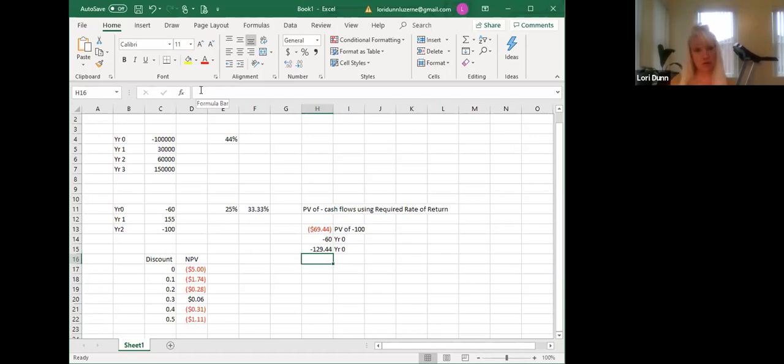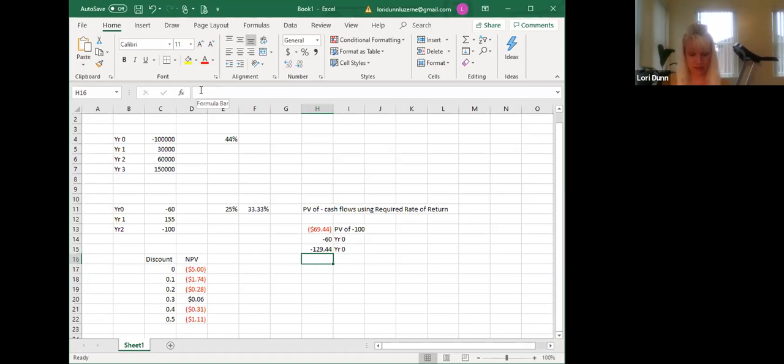At the end of time 1, we'll have $155 positive. At the end of year 2, 0. So we're just modifying our cash flows a little to calculate internal rate of return. We're still calculating the IRR, but we're modifying the cash flows to get a more precise calculation.